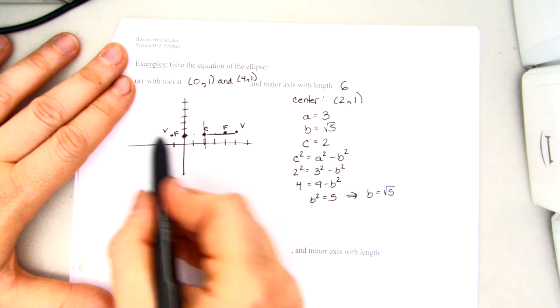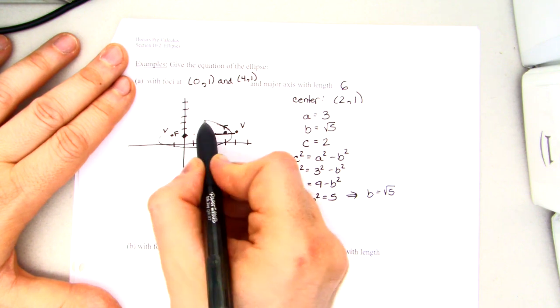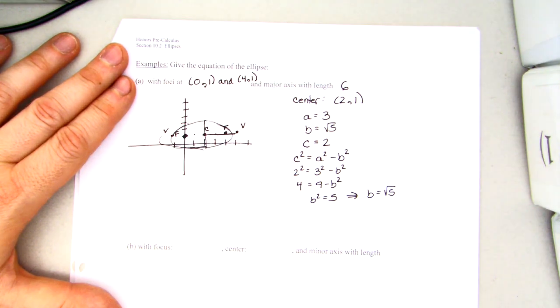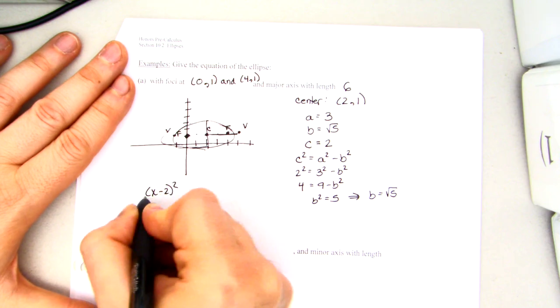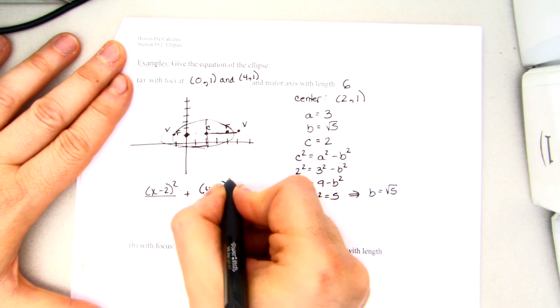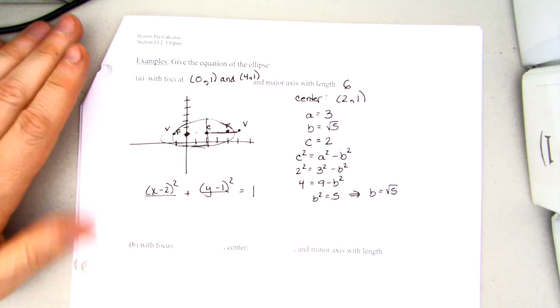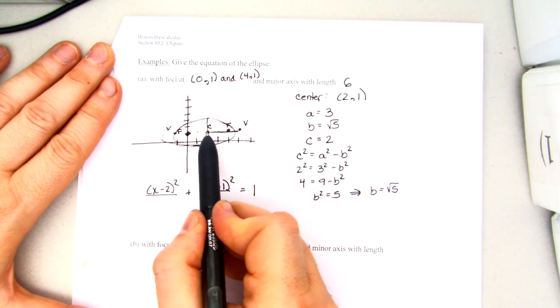I think I probably have everything I need, though, to be able to write the equation of my ellipse over here. I'm going to say (x minus 2) squared over, I'll get that in a moment, plus (y minus 1) squared, I'll get that in a moment, and that's going to equal 1. In the x direction, I'm going out my A value.